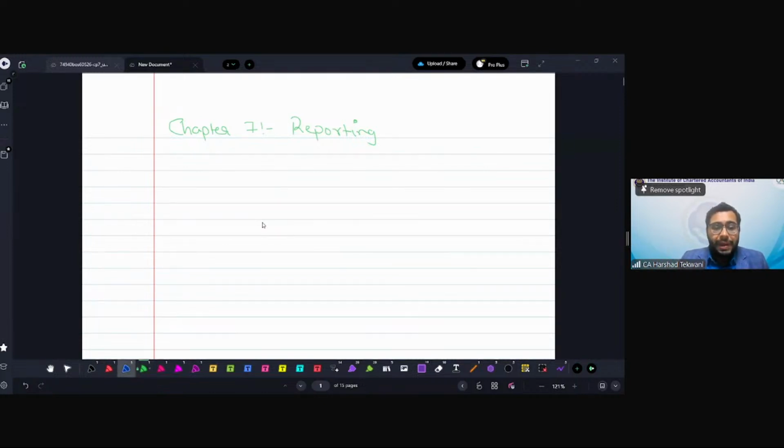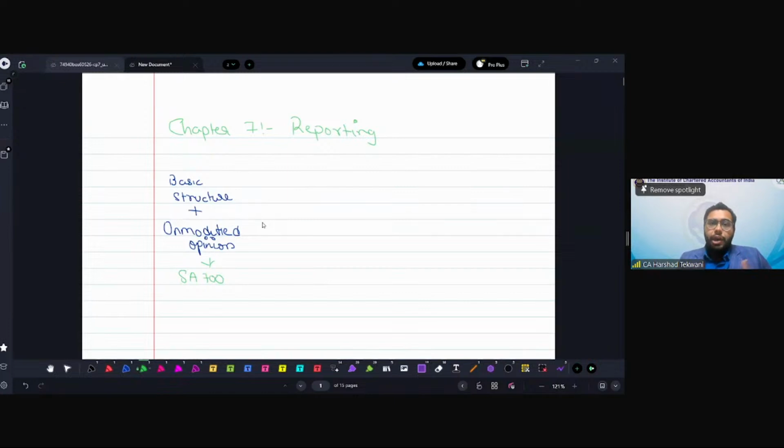So I call it the basic structure of the audit report. Plus you will understand about unmodified opinion. Basic structure plus unmodified opinion is part of your SA 700.